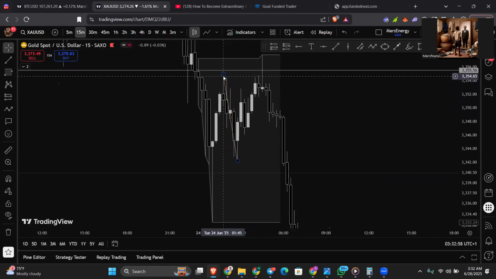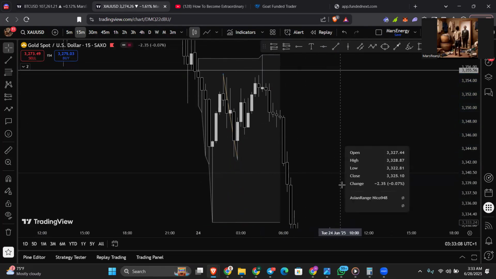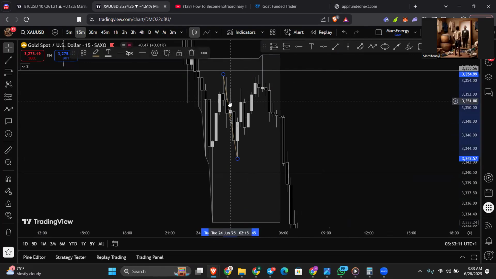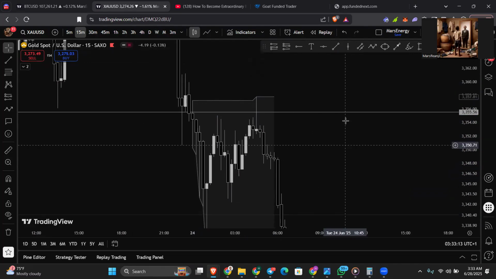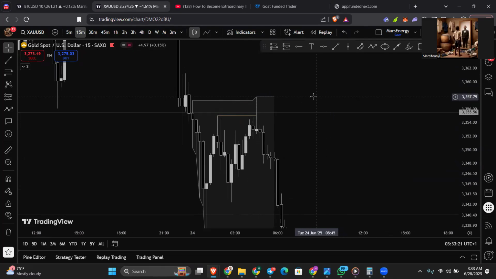Had it been that this leg dropped and took out this low, then it would no longer be an inducement. But since it just dropped halfway and started returning back, you now have liquidity, right? Remember, we're always looking for liquidity close to a key level.